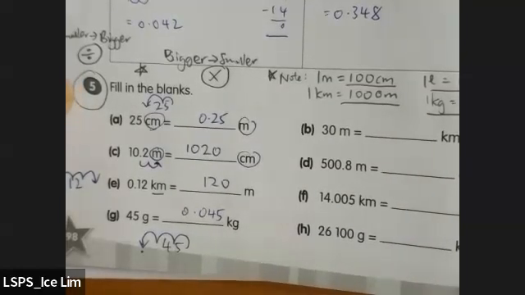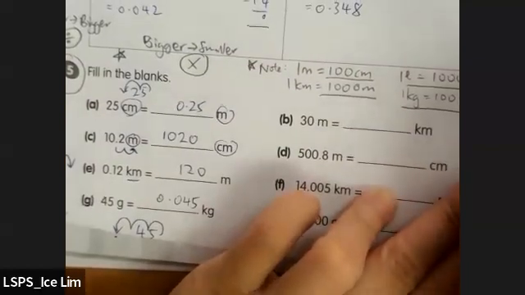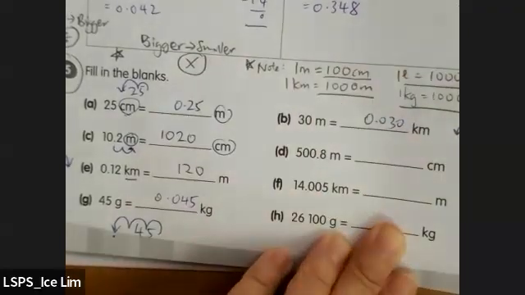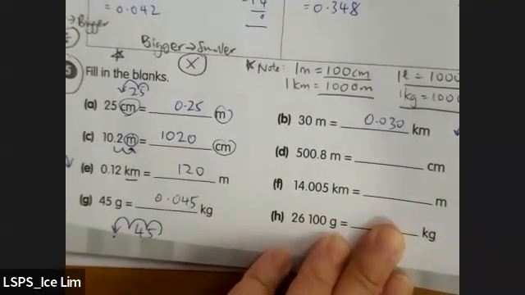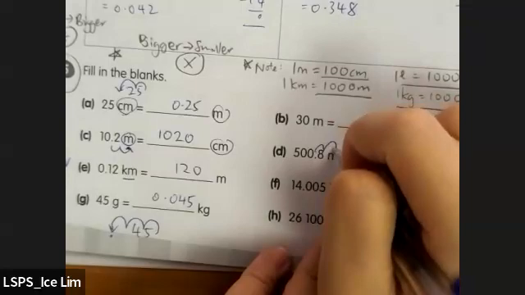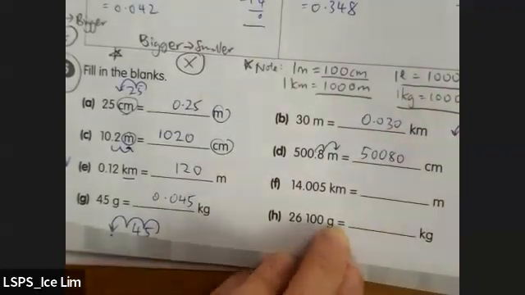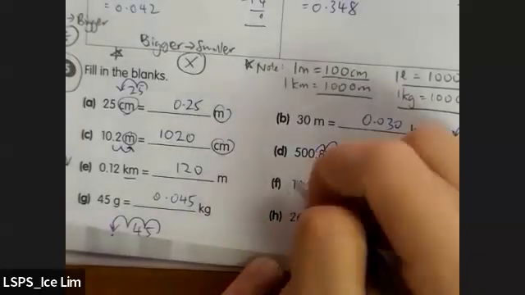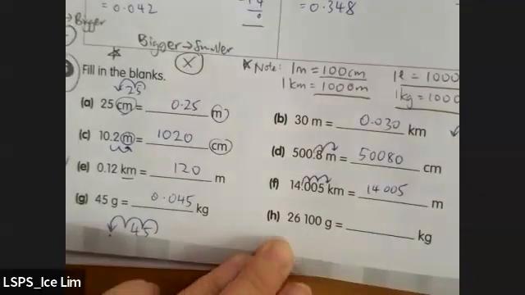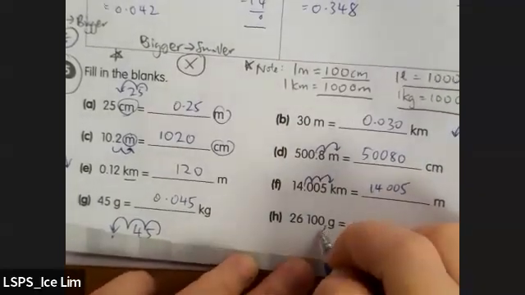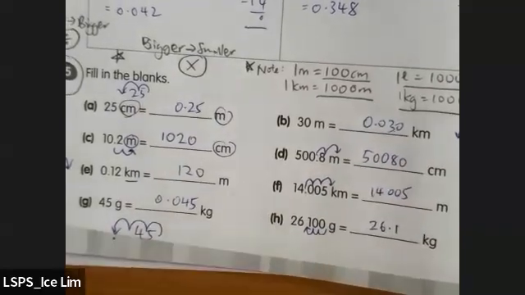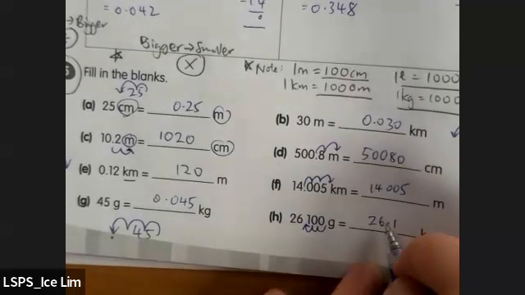From smaller unit to bigger unit, 30 divided by 1000, 0.030 or 0.03. Bigger unit to smaller unit, times. Smaller unit to bigger unit, divide. 26.1 or 26.100, they mean the same thing.